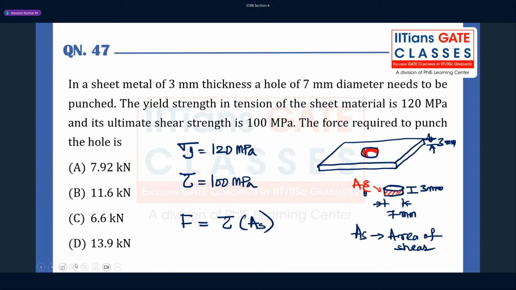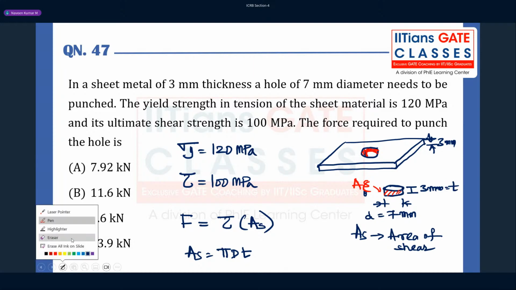So what is that area of shear? It is 2 pi r, but since it is given in diameter, it is pi d. Pi d is the circumference of the circle into thickness t. This is thickness t, and this is diameter d. Pi d is the circumference, and thickness t will give you the red color surface area.